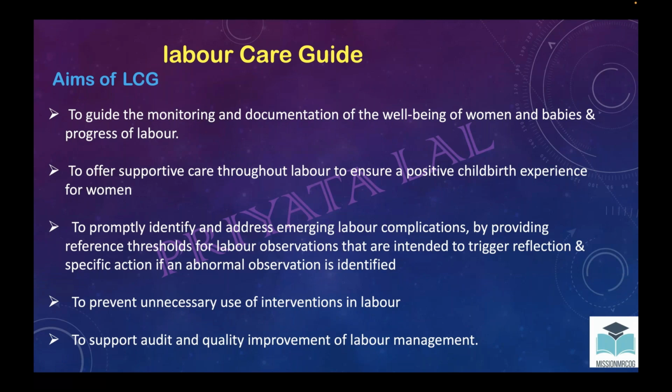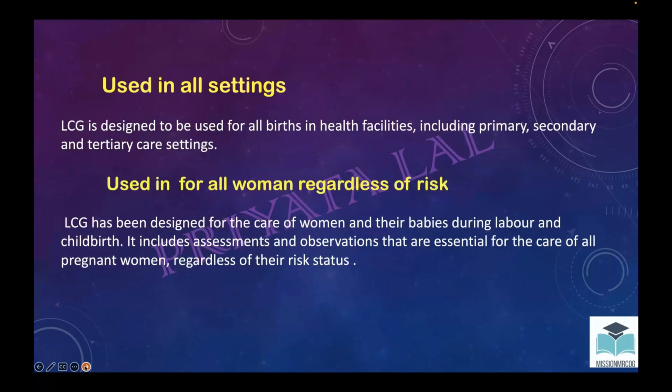At least to your junior colleague, you have to explain a minimum of 2 points. What is the importance of the labor care guide? Okay. And the labor care guide can be used in all healthcare settings, including primary, secondary, and tertiary care. So it is for all laboring women, okay? Apart from this, it is used for all women regardless of risk.